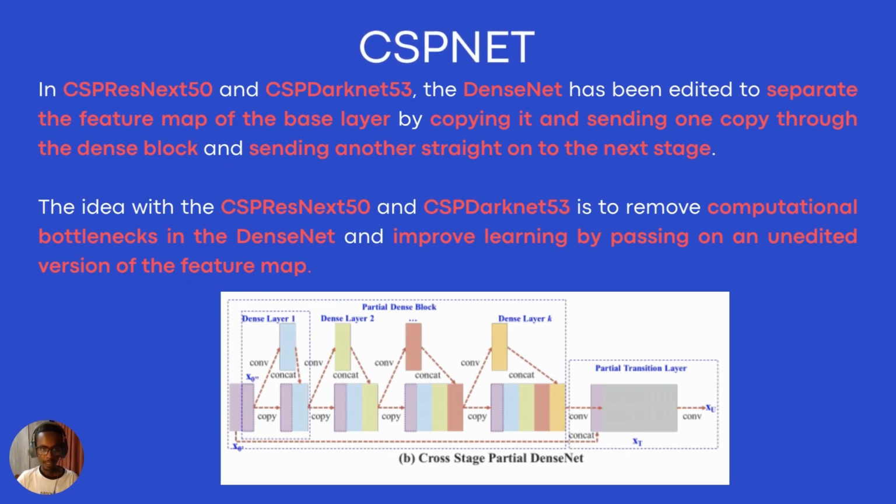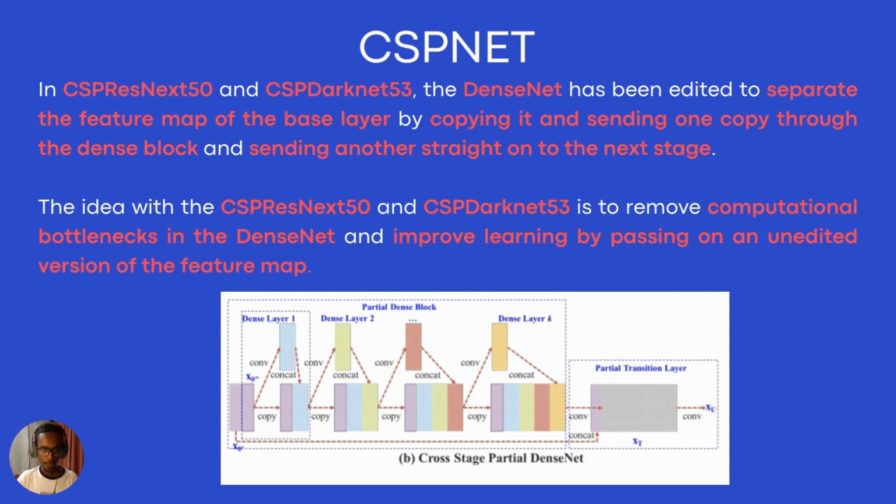So CSPNet is just a modification on the DenseNet, and in CSP ResNext 50 and CSP Darknet 53, the DenseNet has been edited to separate the feature map of the base layer by copying it and sending one copy through the dense block and sending another straight on to the next stage.